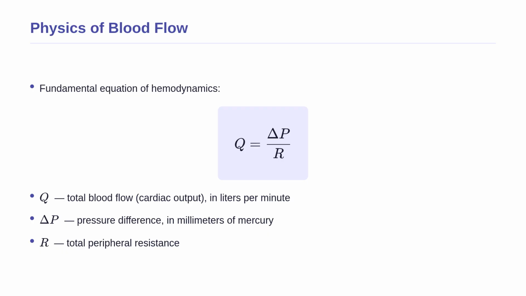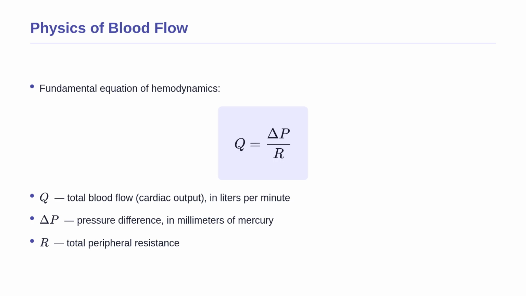Now that we have seen the anatomy, we must understand the physics driving this fluid forward. The heart does not just push blood blindly, it creates a vital pressure gradient. This is described by the fundamental equation of hemodynamics, which is essentially Ohm's law applied to biological fluids. Q represents the total blood flow, or cardiac output, measured in liters per minute.